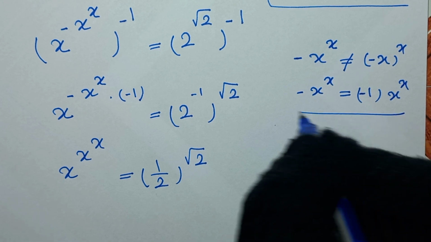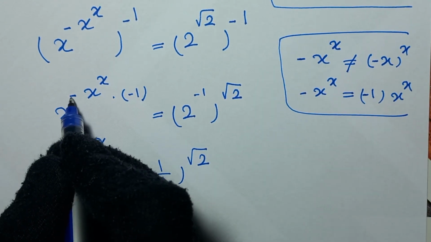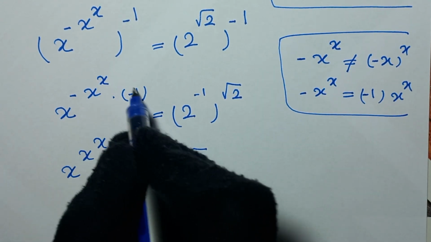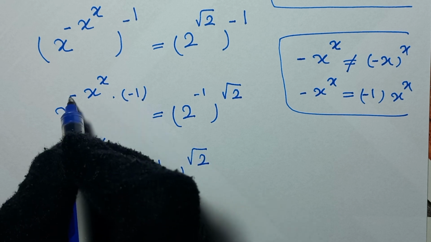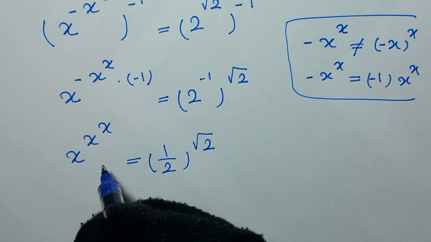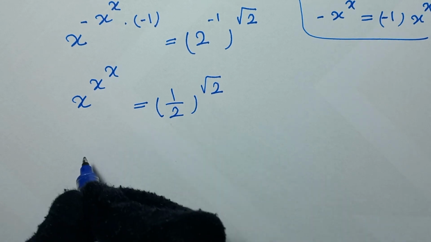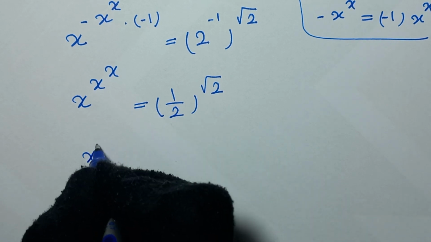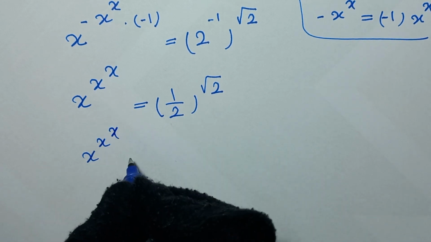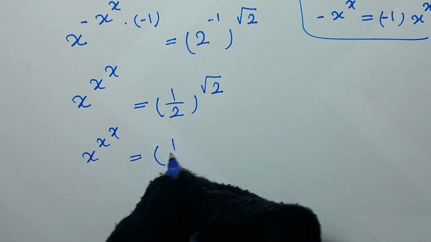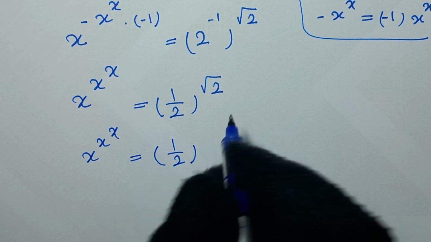So this negative x to the power of x times this negative 1 times negative 1 will be positive, so it will be x to the power of x. In the next step, we have x to the power of x to the power of x is equal to 1 over 2 to the power of square root of 2.